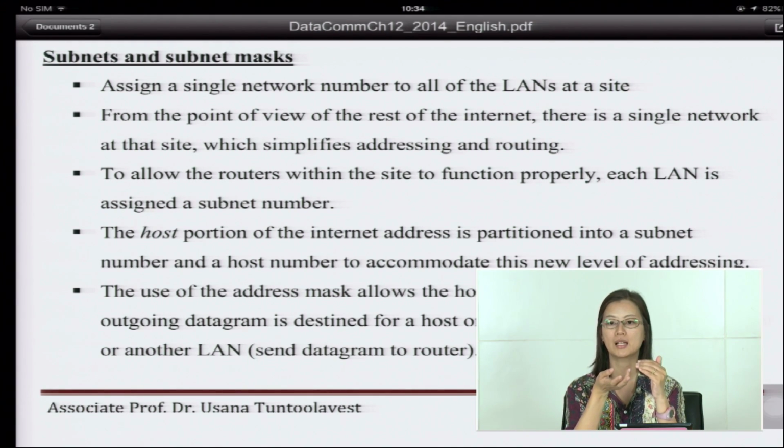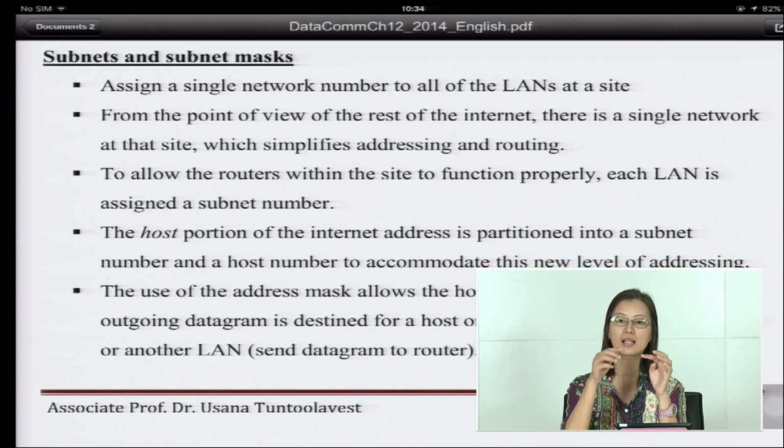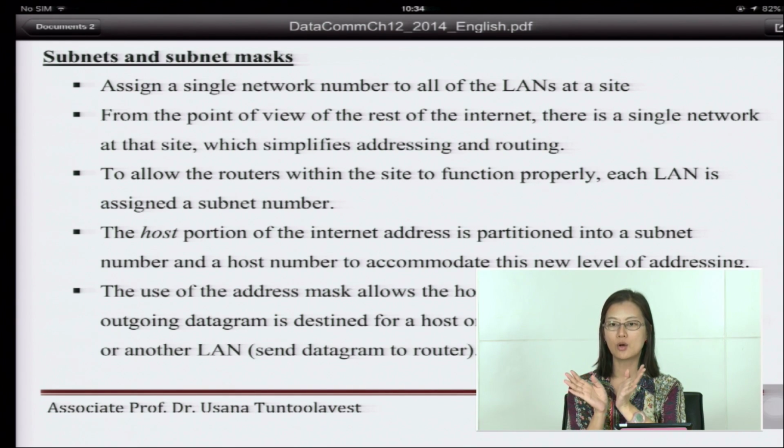Suppose it's from the post office, say Kasetsart Bangkhen sends to Kasetsart Bangkhen, and then someone will sort it. This one goes to the Faculty of Engineering, this one goes to the Faculty of Science, this one goes to another faculty, this one to the graduate school, something like that. So we will do it inside your own network.